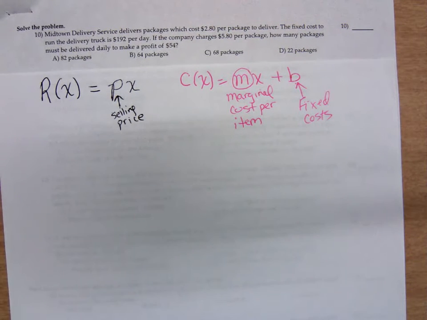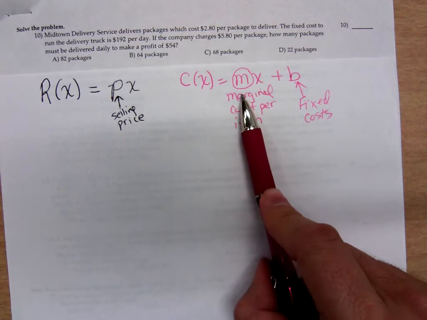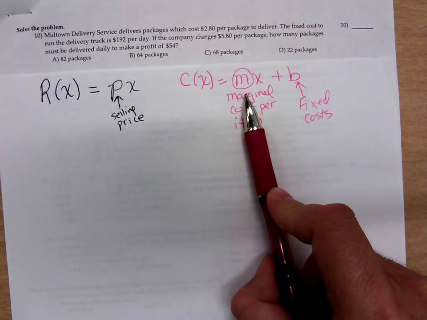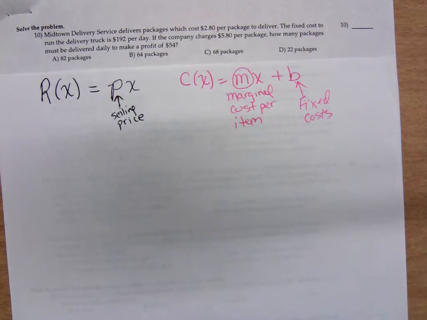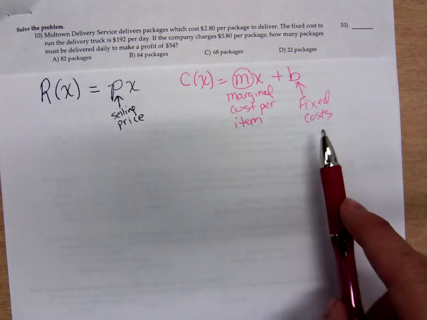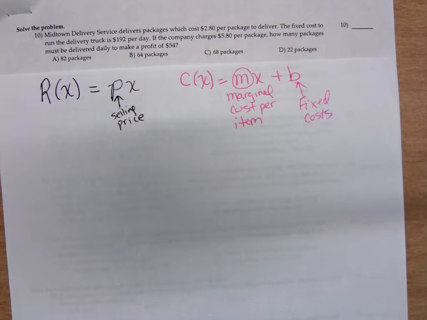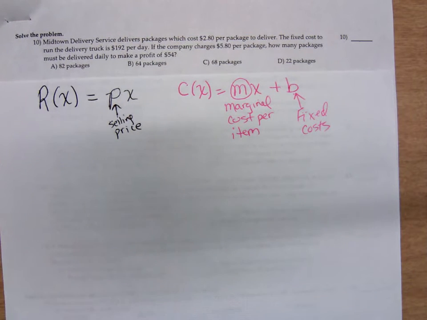So if you had that taco stand, you would have to buy the supplies. That would be the marginal cost, because it depends on how many tacos you make. And the fixed cost, that would be like the rent on the building or the rent on the taco truck, what have you.